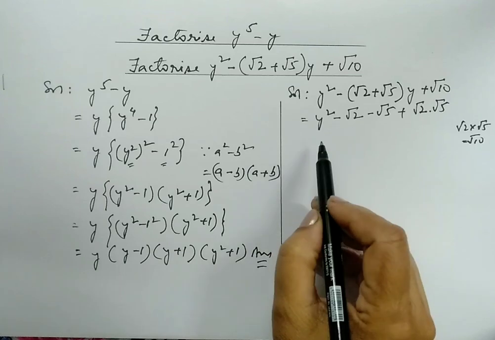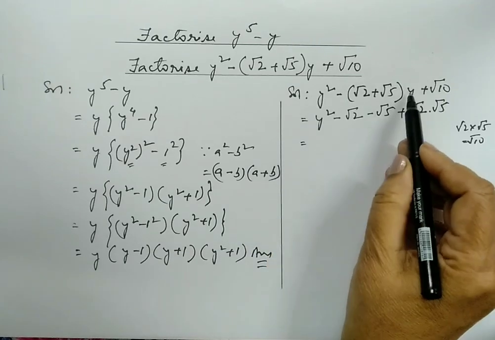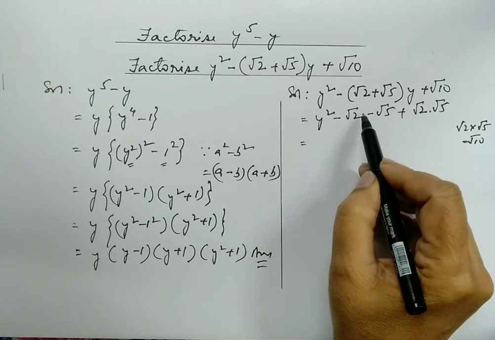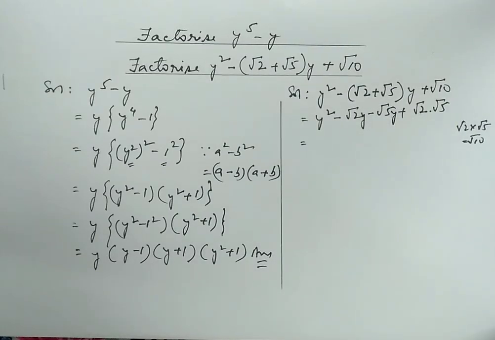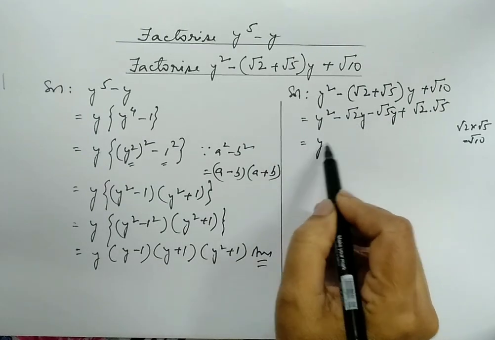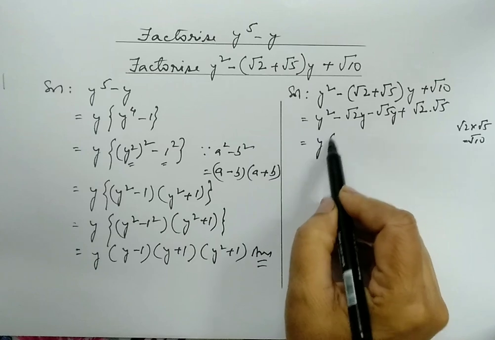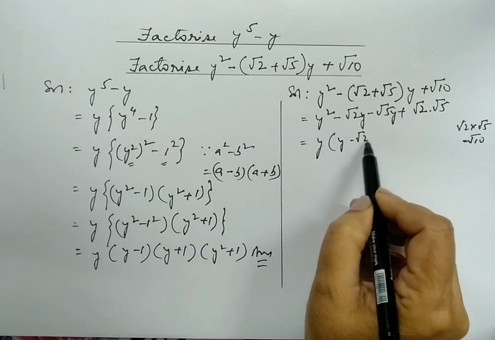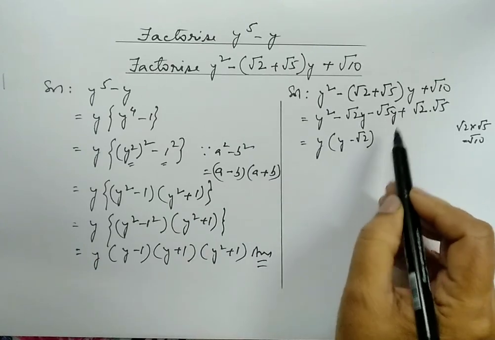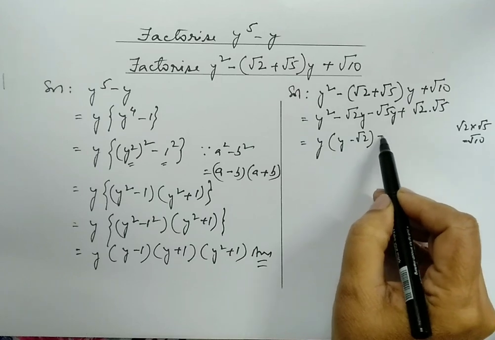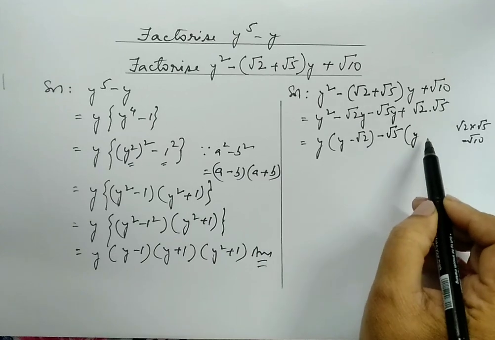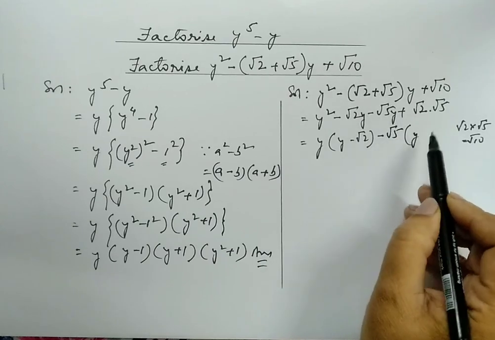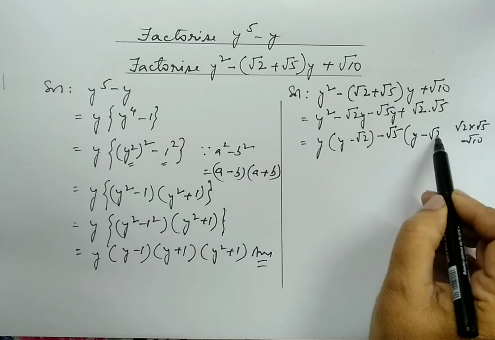Now what next? Since there was a y there, let's put y to both of them, which means between these two we can take y as common, y minus root 2, and here minus root 5, and y will be left here, y minus root 2.